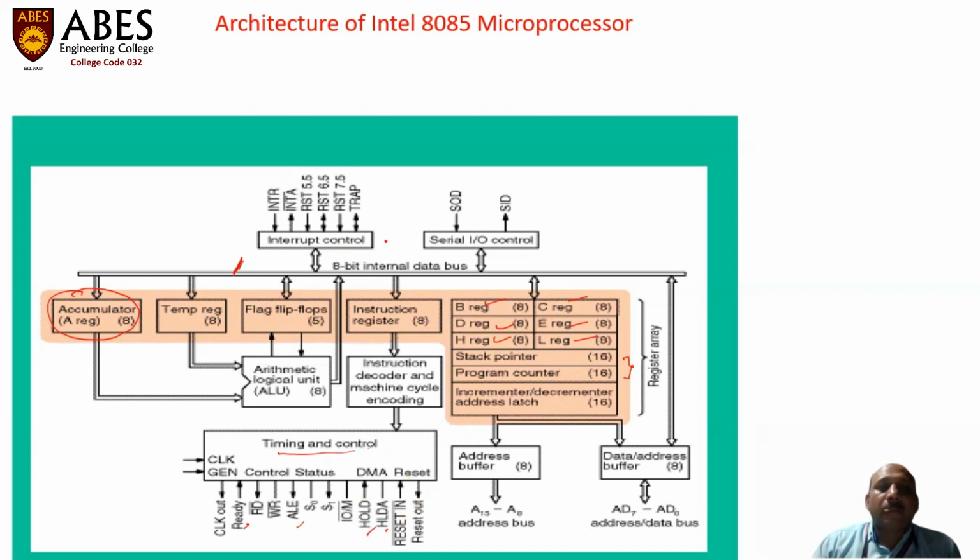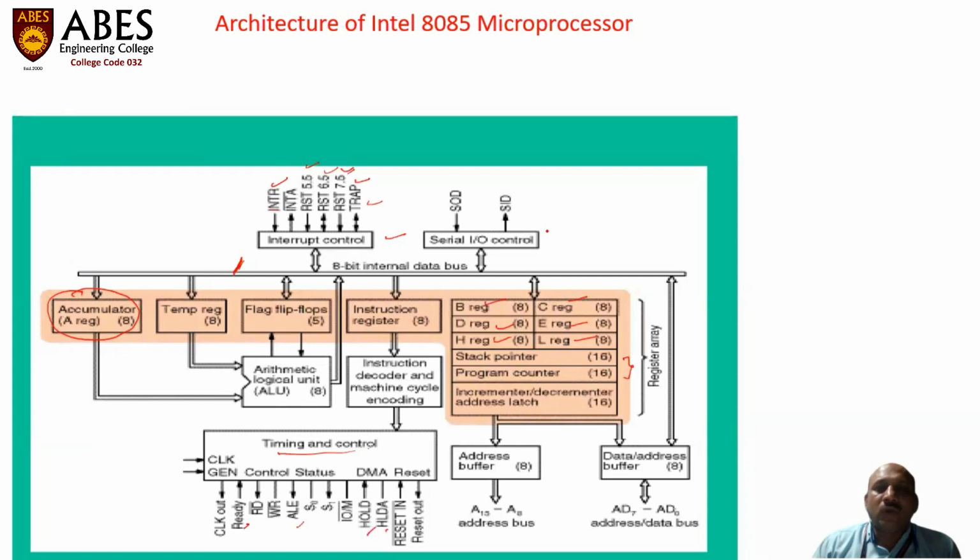Along with this, we have an interrupt circuit. We have 5 interrupts. These interrupts are INTR, RST 5.5, RST 6.5, RST 7.5, and TRAP, in which TRAP has the highest priority and INTR has the lowest priority.